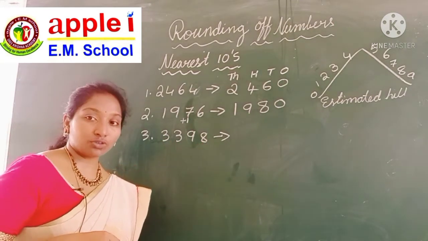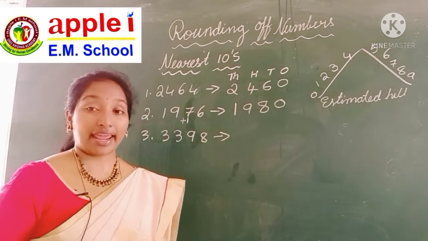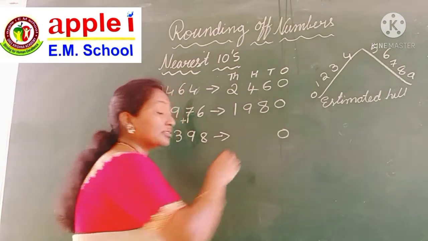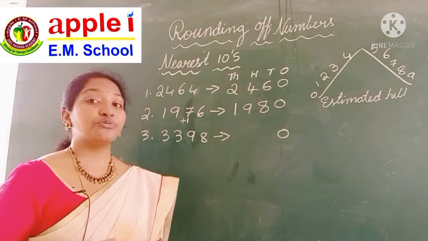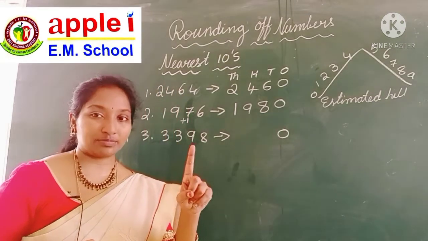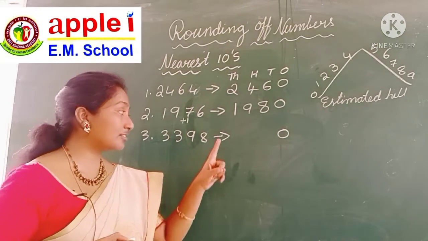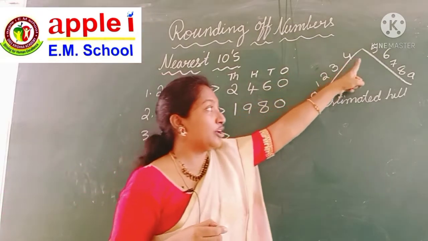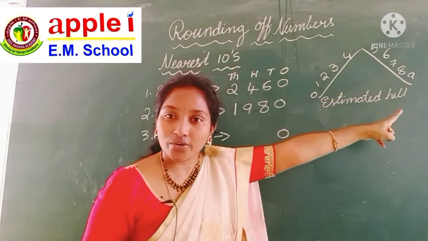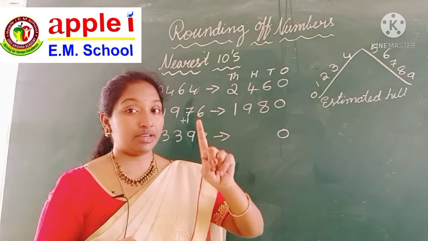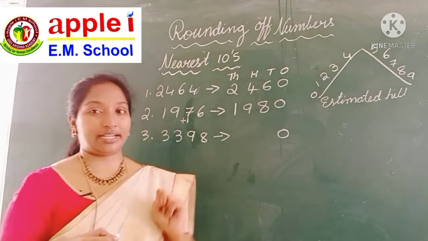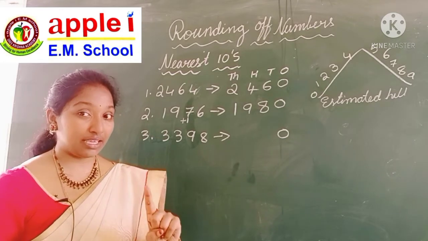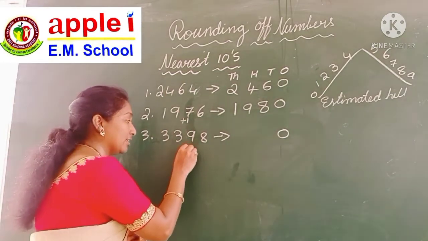Let us see another example. 3398. Nearest tens. 10 has one 0, so make the ones place 0. And we have to check the ones place. What is here in the ones place? 8. 8 means we will go to the other side of the mountain, so we will get 1 point. That 1 point we have to add in the tens place.